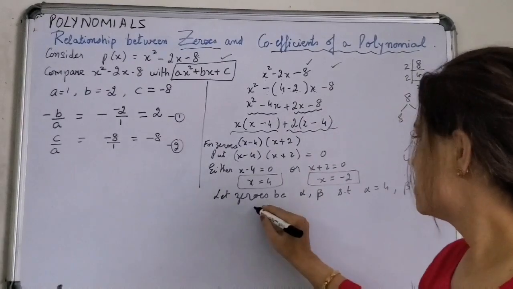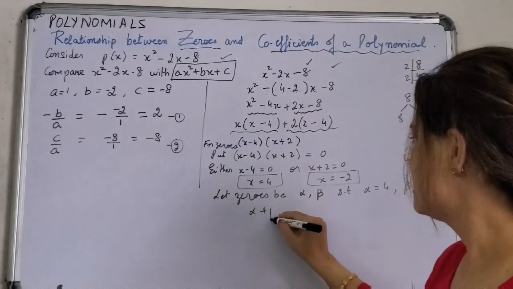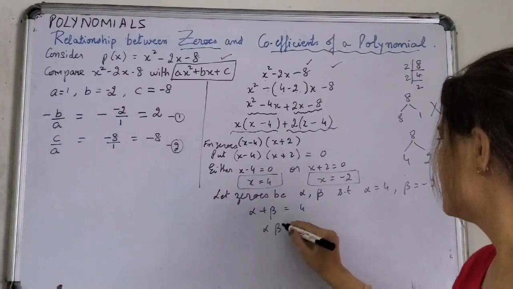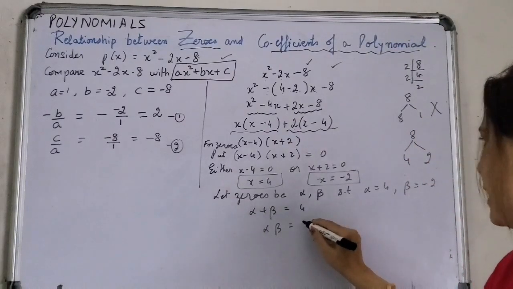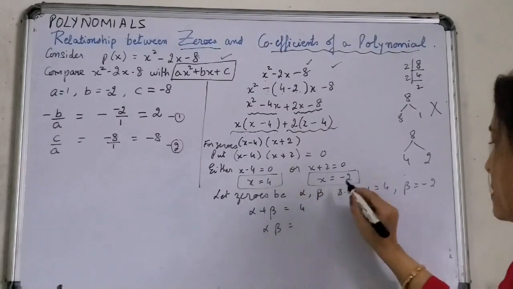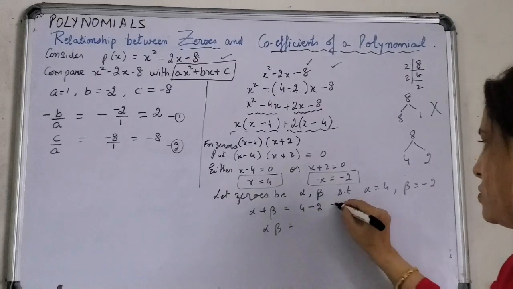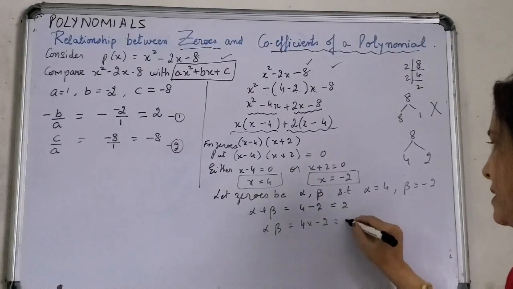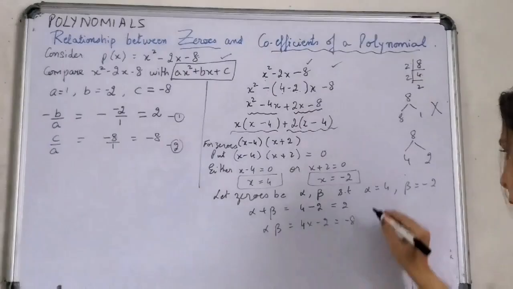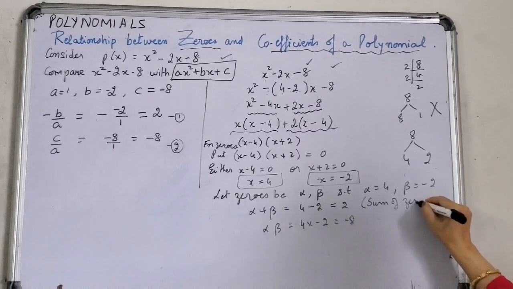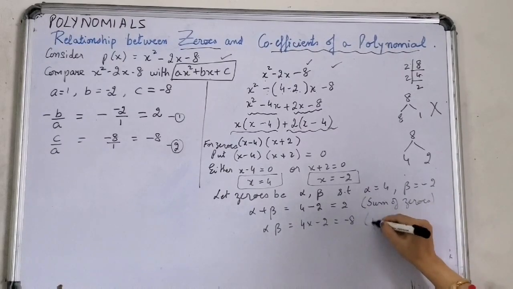So alpha plus beta is 4 minus 2, which is 2, and alpha into beta is 4 into minus 2, which is minus 8. Mind you, this is the sum of the zeros, and this is the product of the zeros.